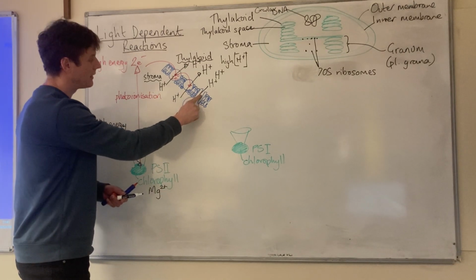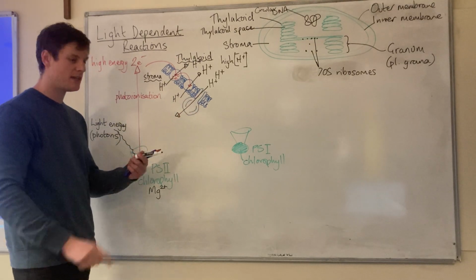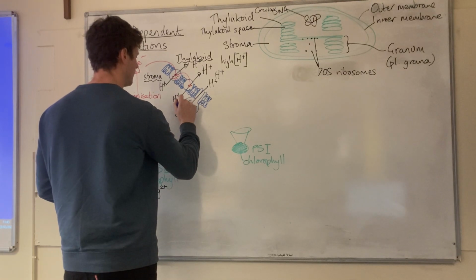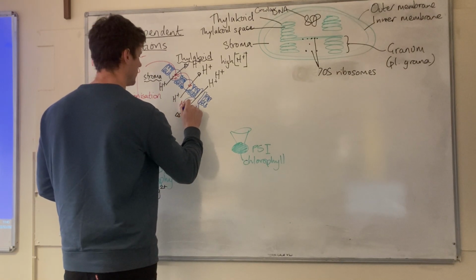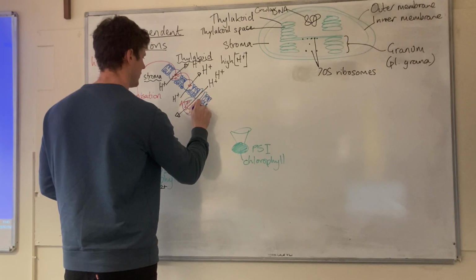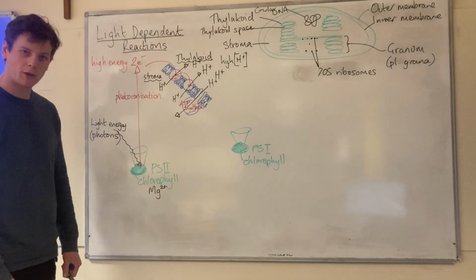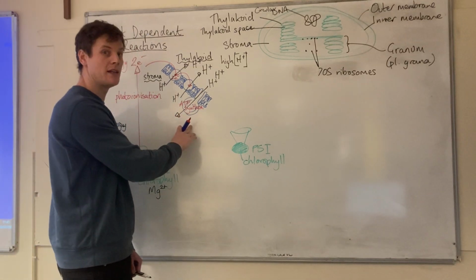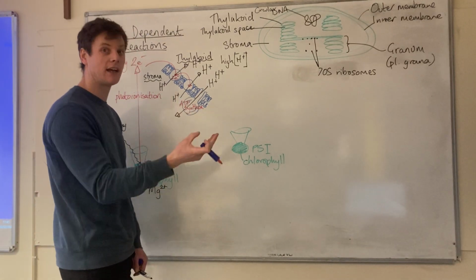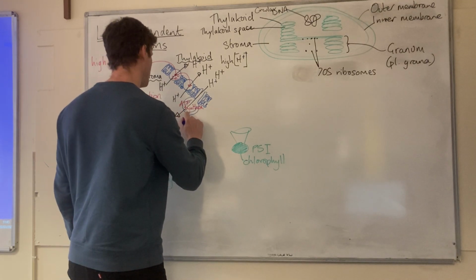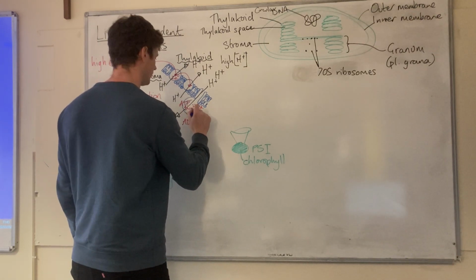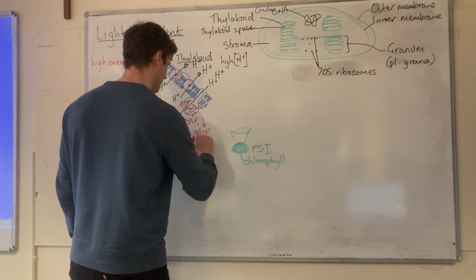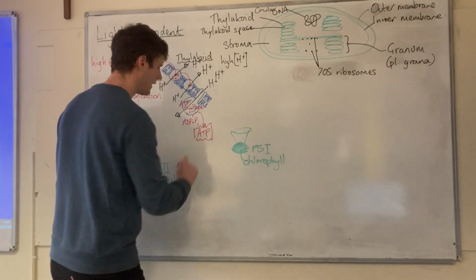So next, you may remember this, the protons will then diffuse down the concentration gradient through a channel protein to begin with, and then through ATP synthase. So this is ATP synthase, the enzyme which is responsible for phosphorylating ADP, adding an inorganic phosphate to ADP to produce our first product, ATP.